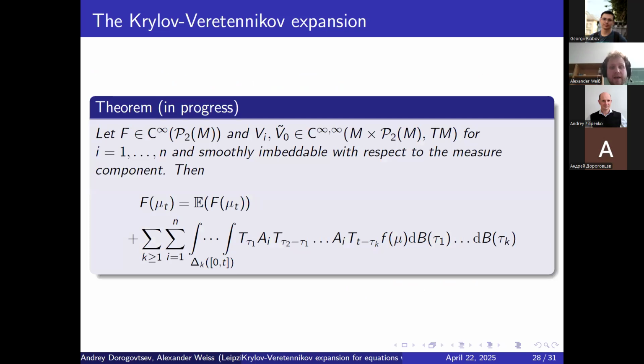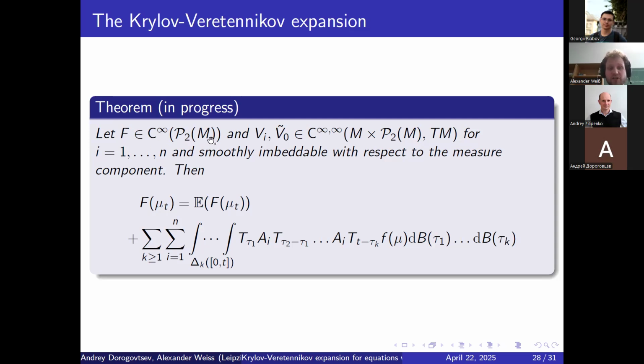Okay, well, then let me talk about the theorem that is actually in progress. We couldn't fully wrap up all the arguments yet. But the statement should be the following.